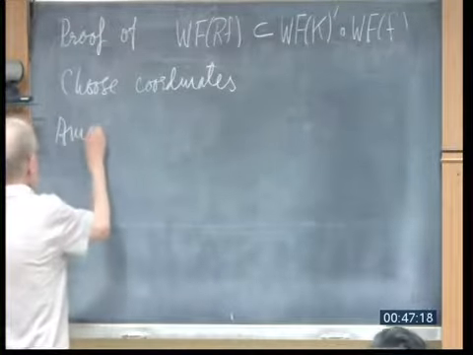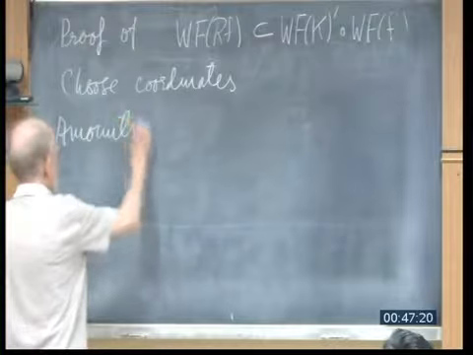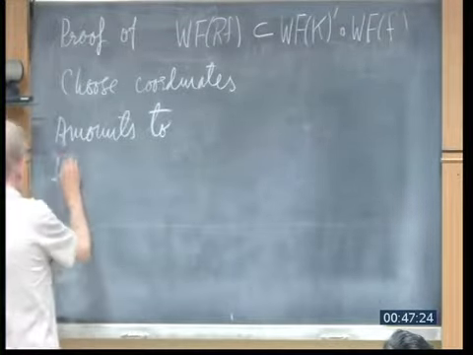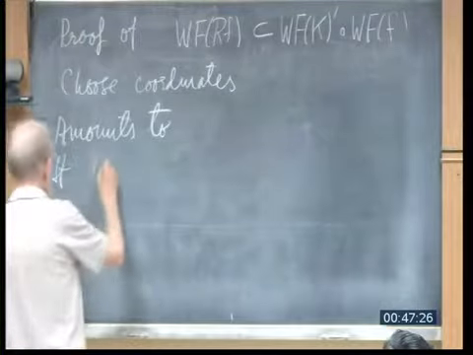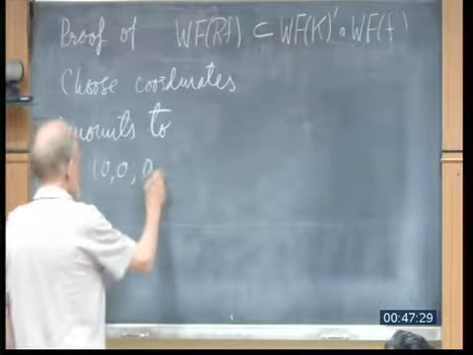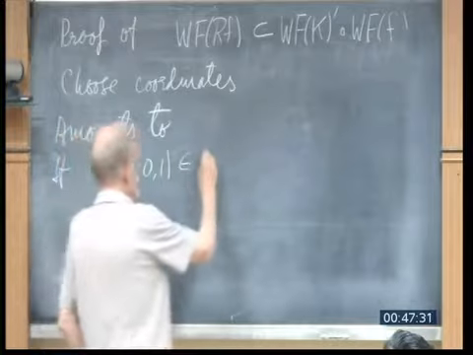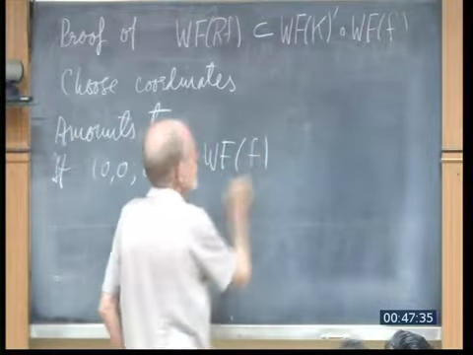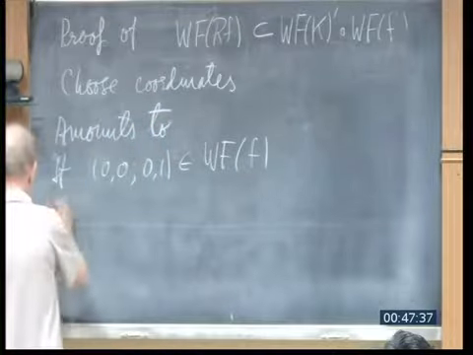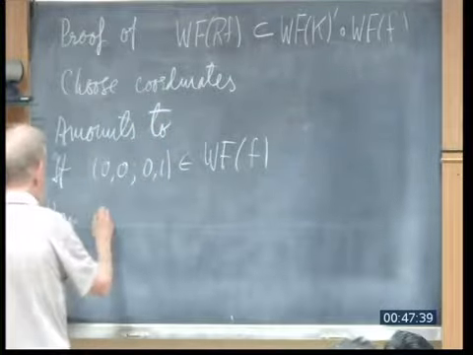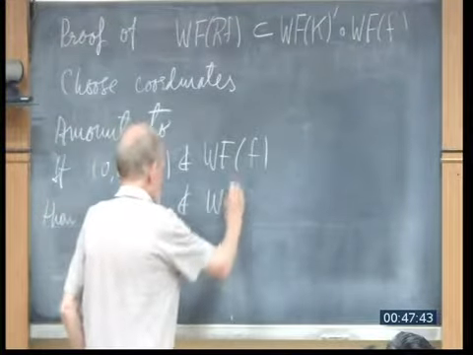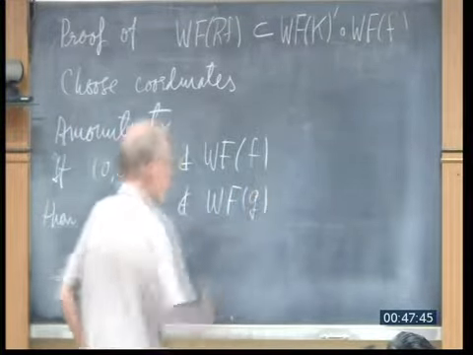Let me write, I want to prove uniform. If 0, 0, 0, 1 is not in the wavefront set of F, then the same point is not in the wavefront set of G. Why?